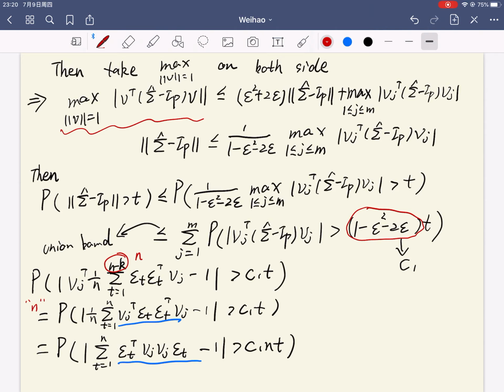Then there is a very powerful and useful inequality called the Hanson-Wright inequality, which can deal with quadratic forms and the sub-Gaussian case specifically.